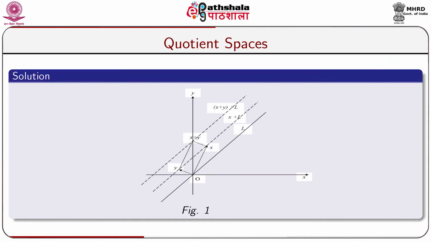So, joining the line passing through x plus y, we get x plus y plus L, a straight line passing through x plus y and parallel to capital L.